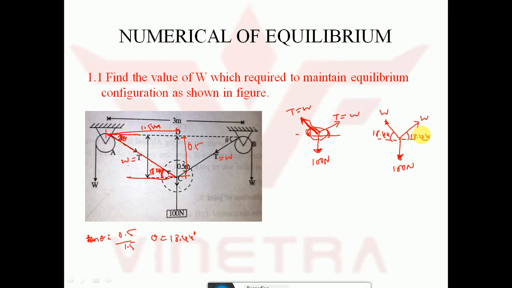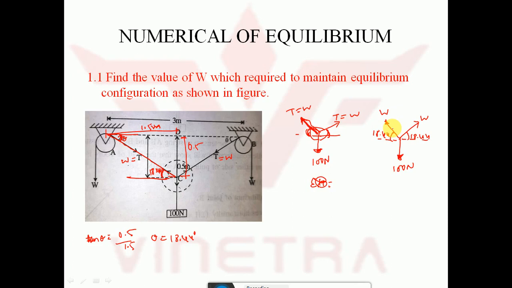Either you can apply Lami's theorem or you can go by principles of equilibrium. I will solve by Lami's theorem, and you apply the principle of equilibrium to solve this problem.